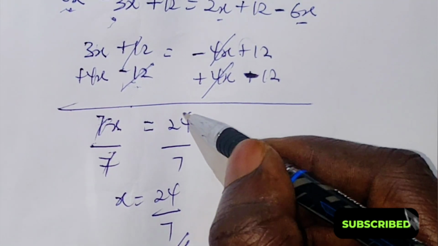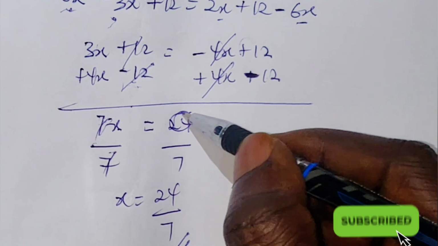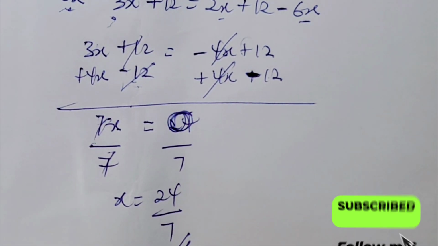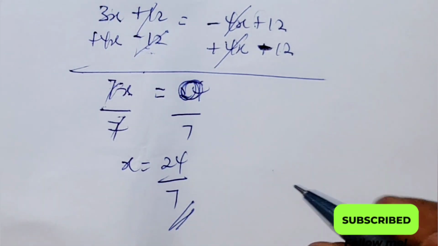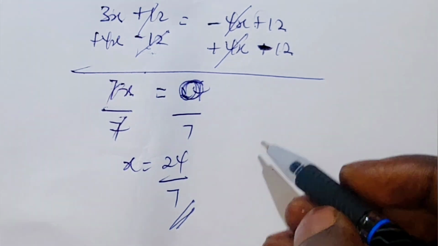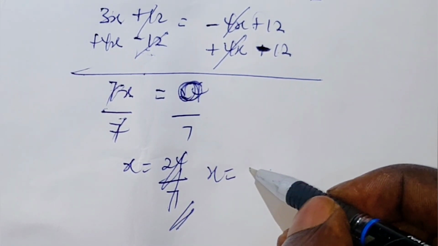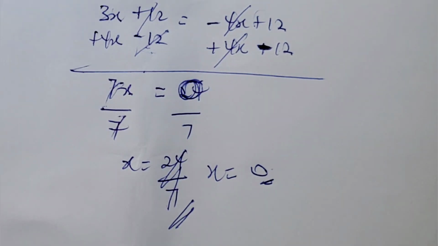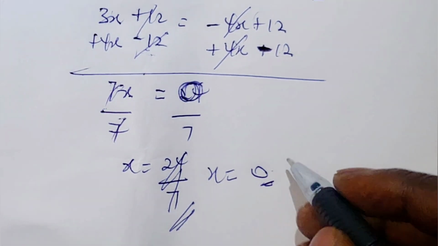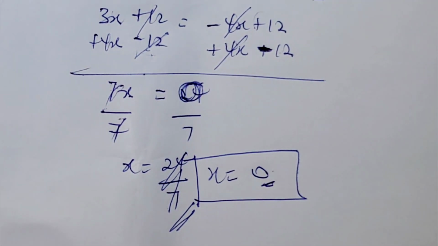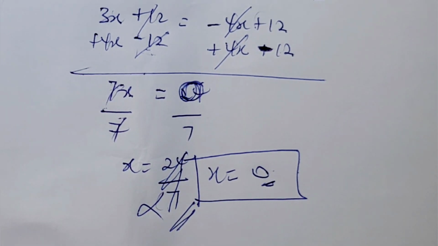So it means that this is supposed to be 0. You get it? If that's the case, 0 divided by 7 should not give us this. That should give us x equal to 0, because 0 divided by any number gives you 0. So this becomes the solution, not this. This is wrong. All right.